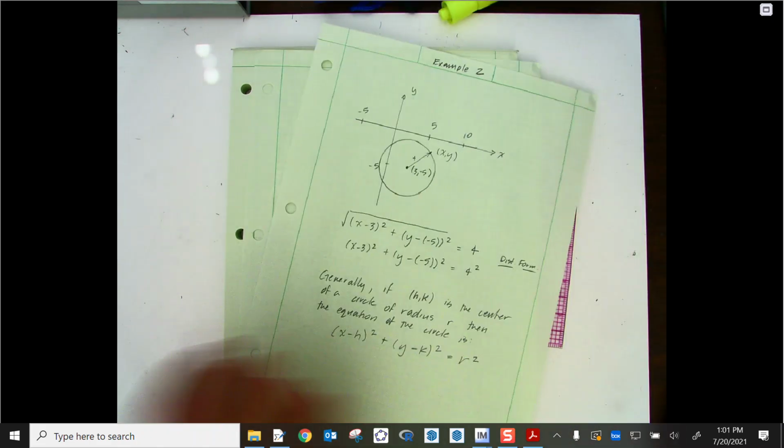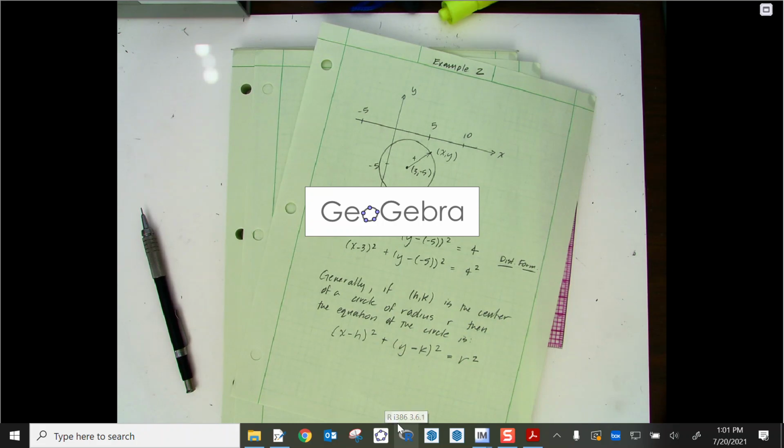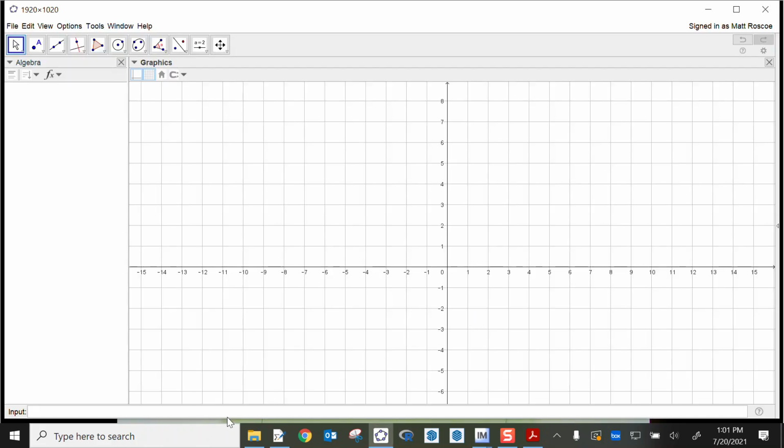Maybe we should just check this quickly in GeoGebra just to show you that you can do this also nicely with the input bar. In the input bar in GeoGebra, you can type in any equation and it'll graph it for you. So down here in the input bar, all I'm going to put in is (x - 3) squared plus (y - (-5)) squared equals 4 squared.